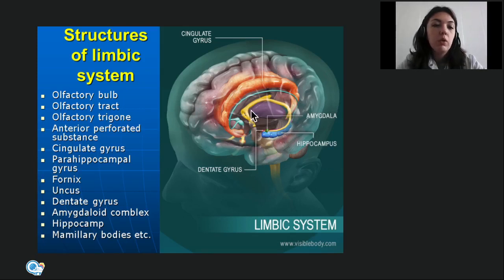And the amygdaloid complex, hippocampus, mammillary bodies, because if you remember, they are subcortical centers of olfaction, and so on. So there are very many parts of the limbic system, and they are responsible not only for olfaction, but also for emotions and some other things.